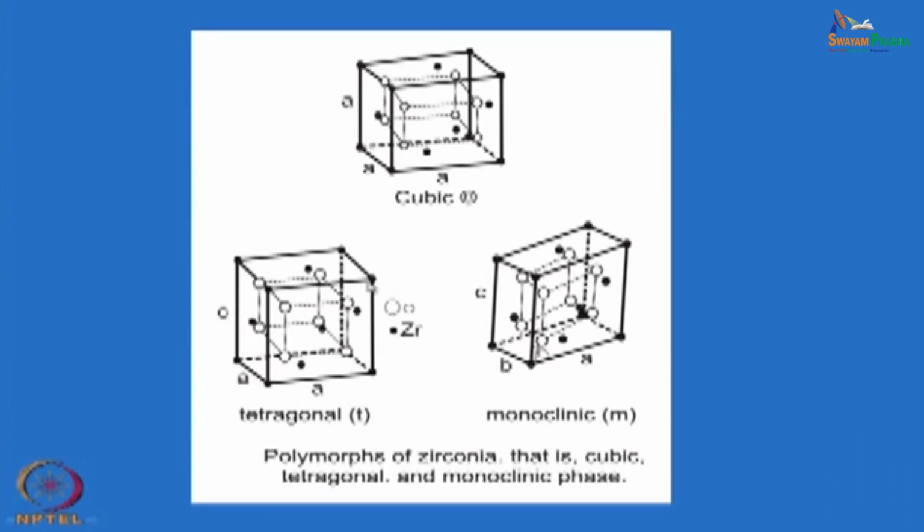We will discuss those things at a later stage, because zirconia is one compound which has very important properties, both electrical and mechanical. Mechanically, it is a tough ceramic; one can toughen zirconia by what we call transformation toughening. These polymorphs can be designed properly, and the microstructure can be designed in such a way that the material becomes quite tough. It is not so brittle.